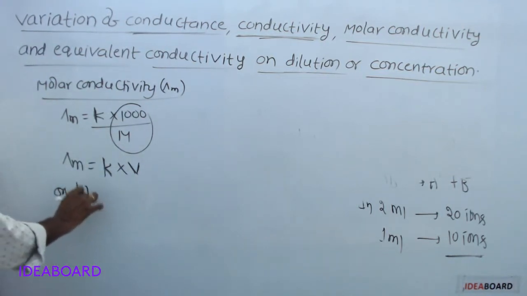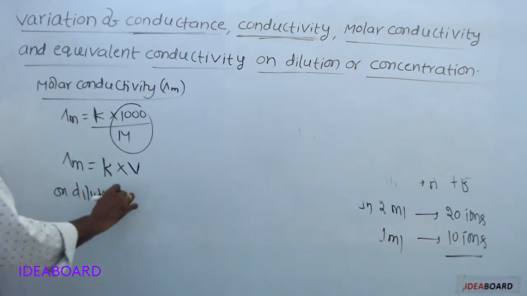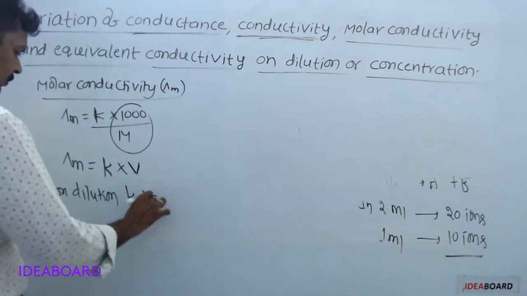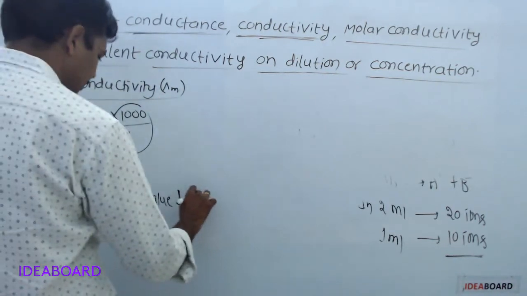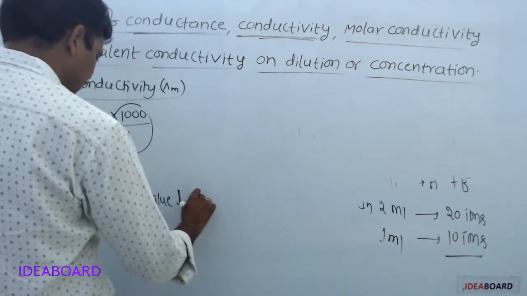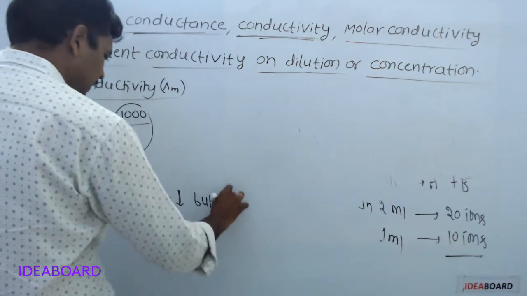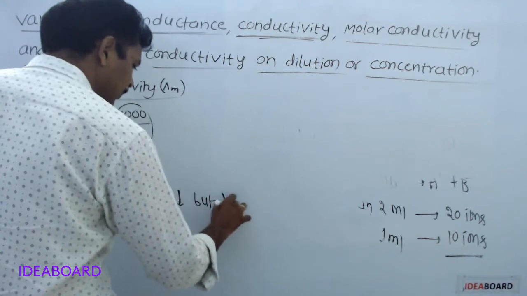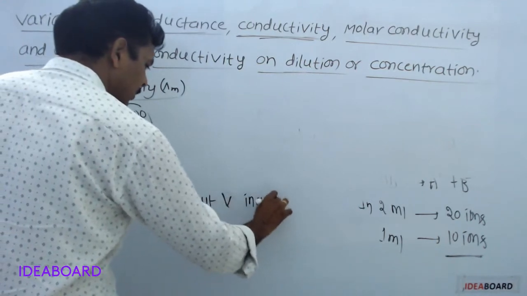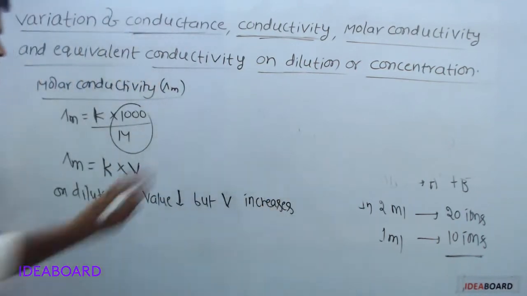On dilution, kappa value decreases, but volume of the electrolytic solution increases.